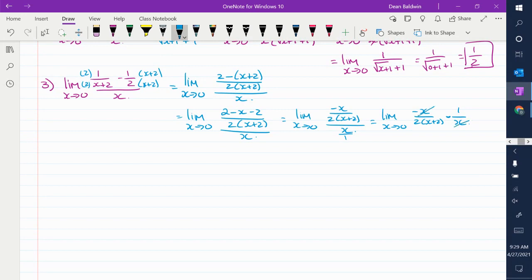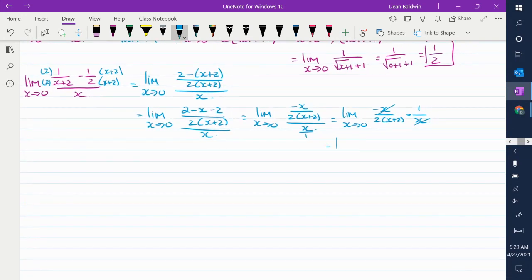And you're left with negative 1 over 2 times x plus 2. Can I plug 0 into that? You can, because you removed the discontinuity. If I put 0 in there, I get 0 plus 2 is 2, times 2 is 4, so I get negative 1/4.